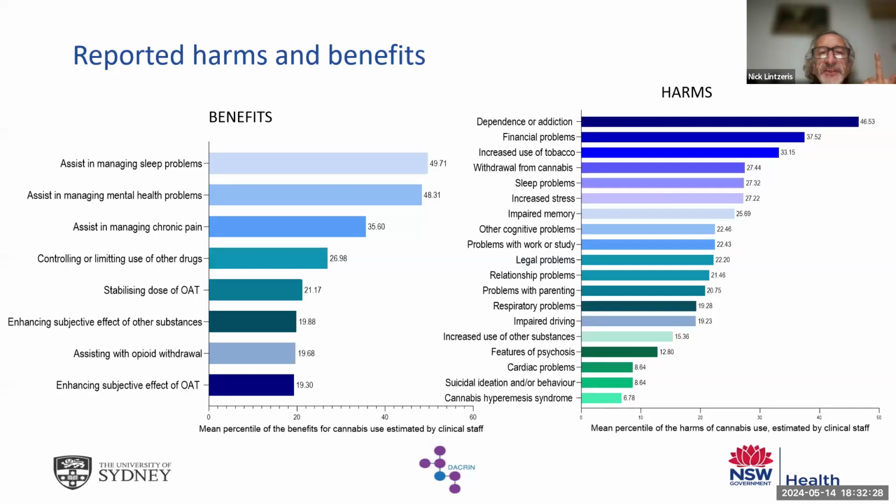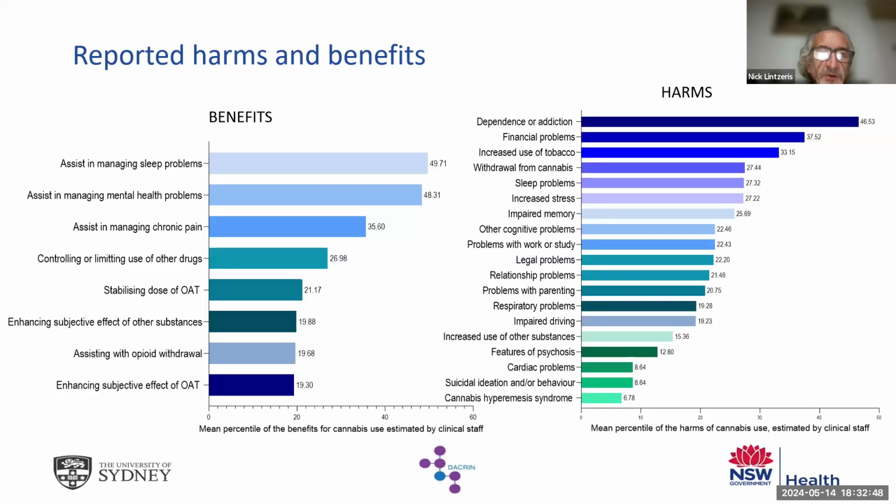It's difficult not to think that maybe what's going on here is a lot of self-medication of comorbid conditions, as well as issues of dependence and addiction to cannabis. Now, of course, those are not necessarily unrelated.